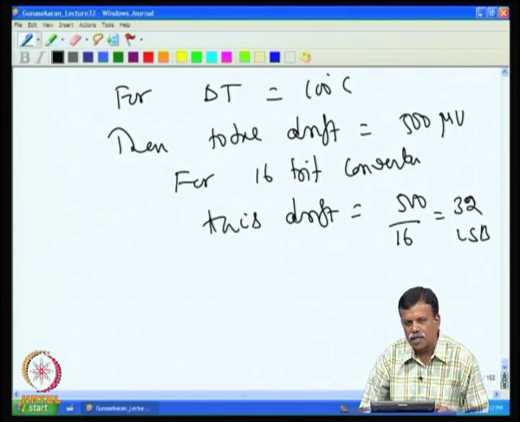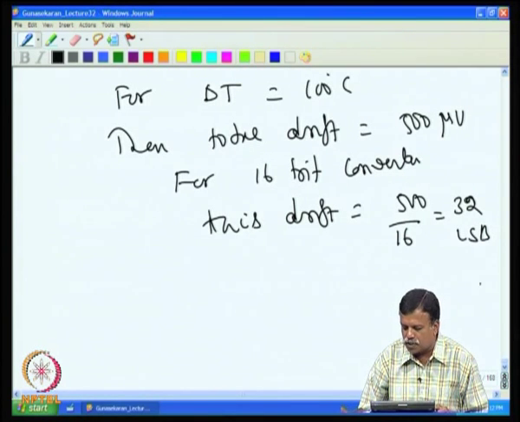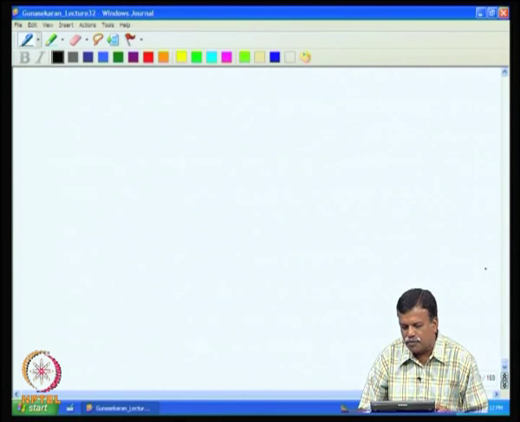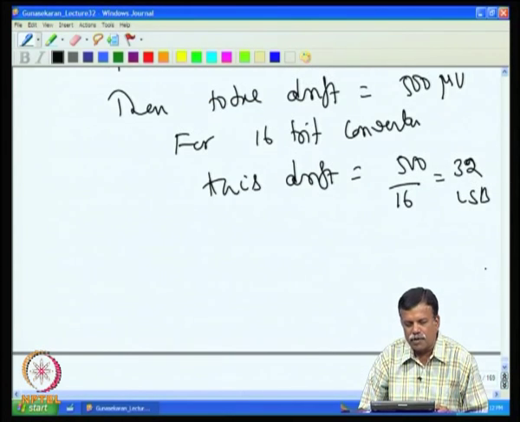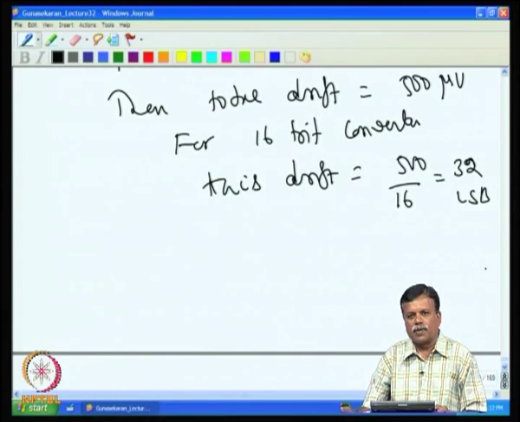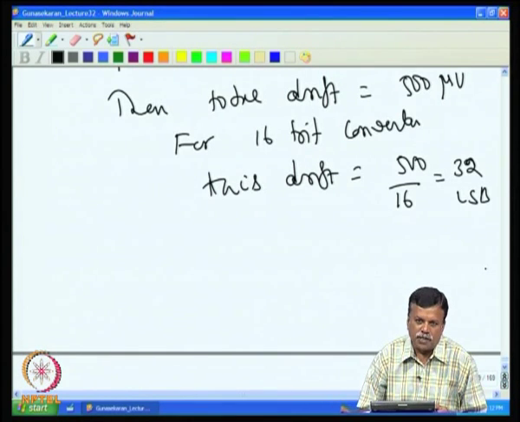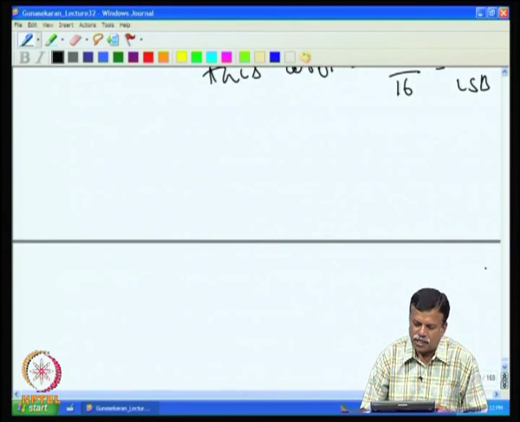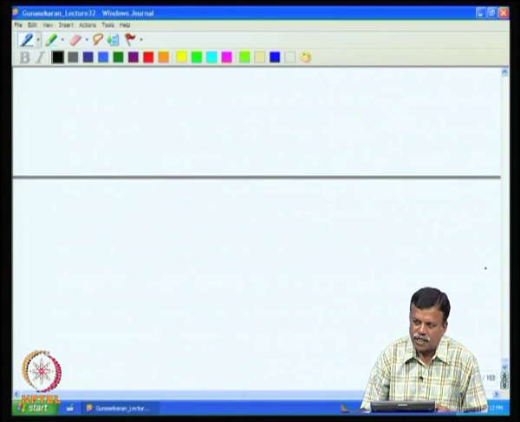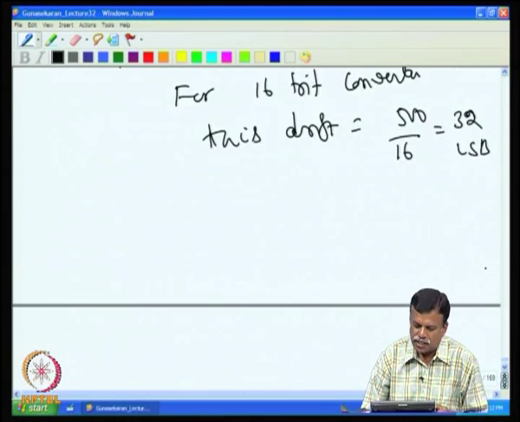The gain drift also will produce an error that one can calculate from the data sheet. So, one has to be aware that in most 8-bit converters you can believe that resolution is 1 LSB and accuracy is also easily achievable to the extent of 1 LSB. But for 12-bit and 16-bit, one really has to calculate whether the accuracy and resolution are one and the same.